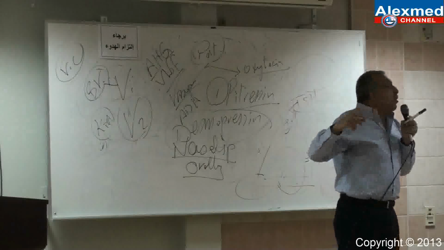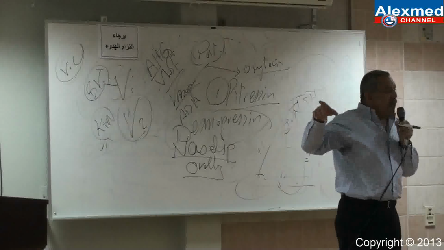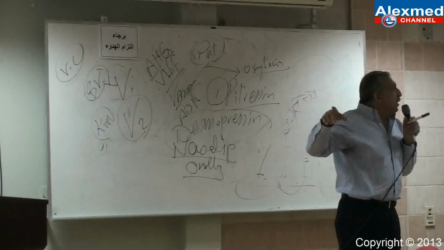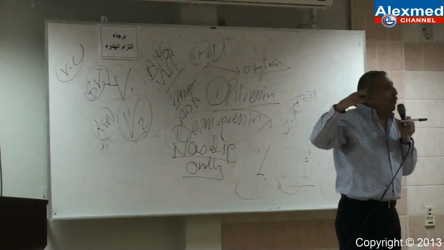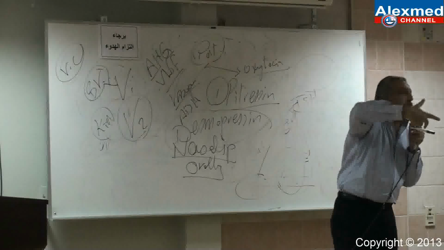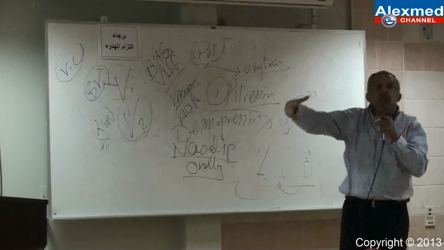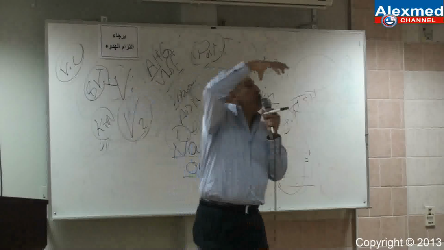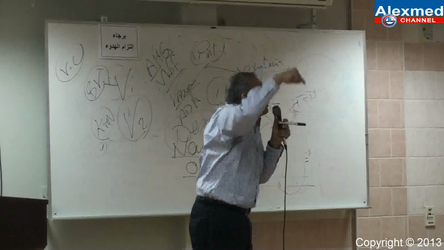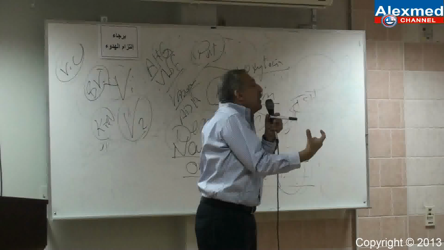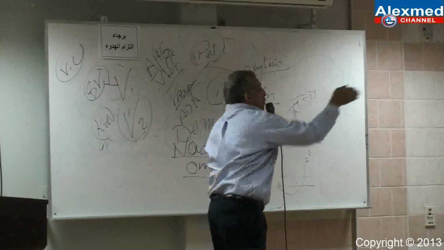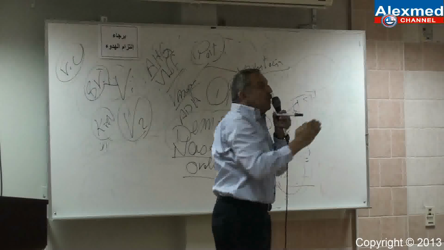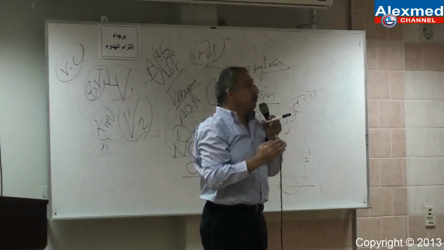It can be used also, this oxytocin, to help in milk ejection, impairment of milk ejection, milk congestion, by contraction of myoepithelial cells surrounding the milk acynon, to help to release this congested milk.